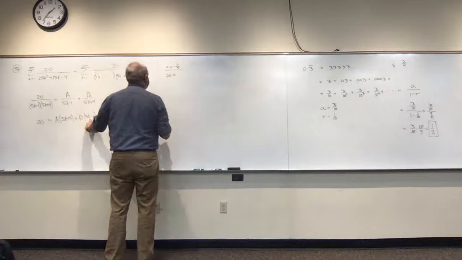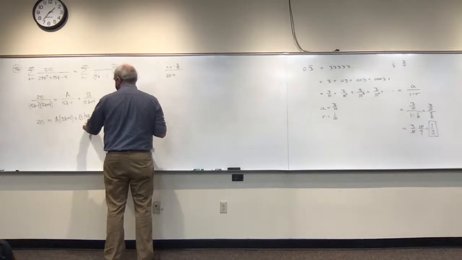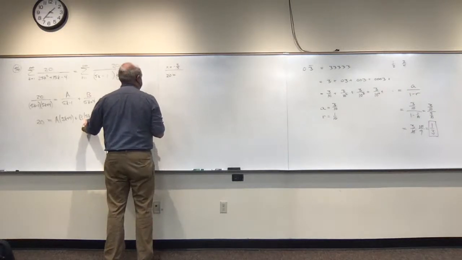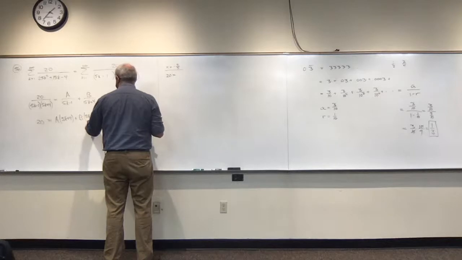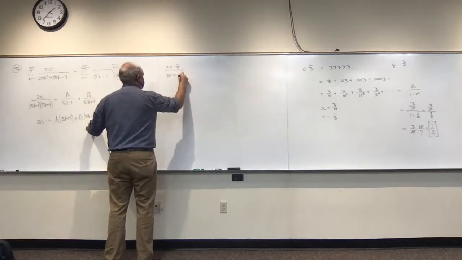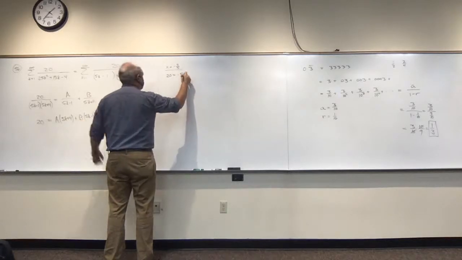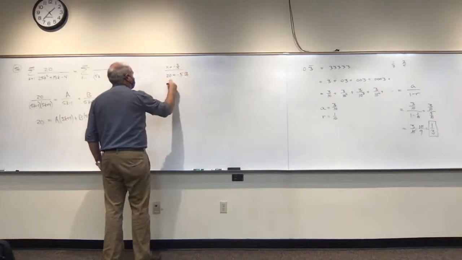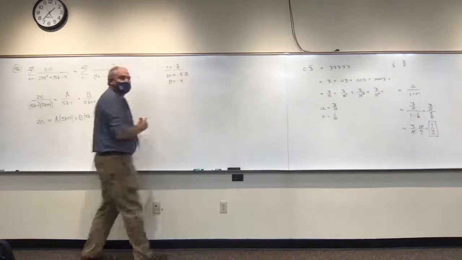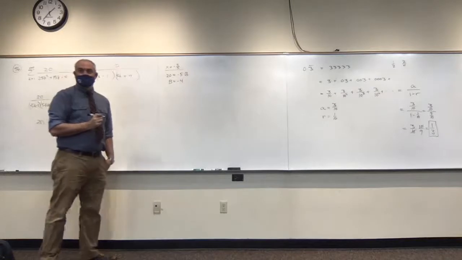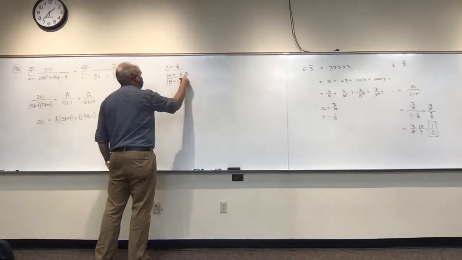Then if I plug in negative 4/5 here, negative 4/5 times 5 is negative 4, minus 1 is minus 5 times b. And b is equal to negative 4. Everybody with me? So b is minus 4.